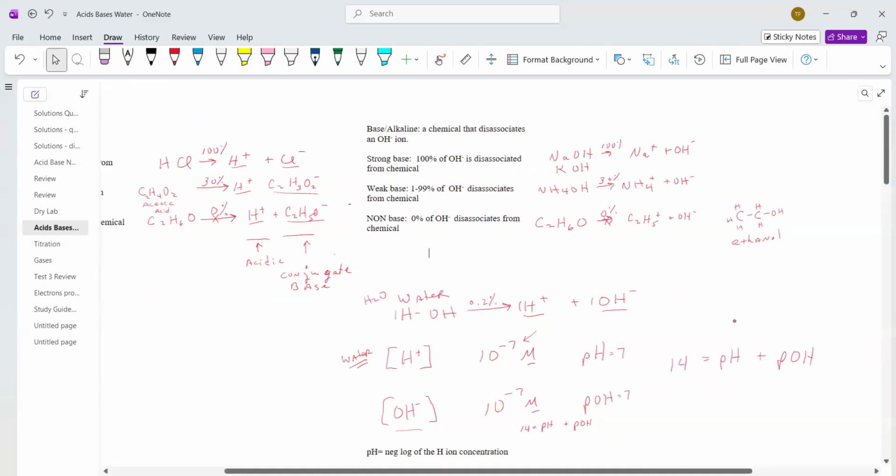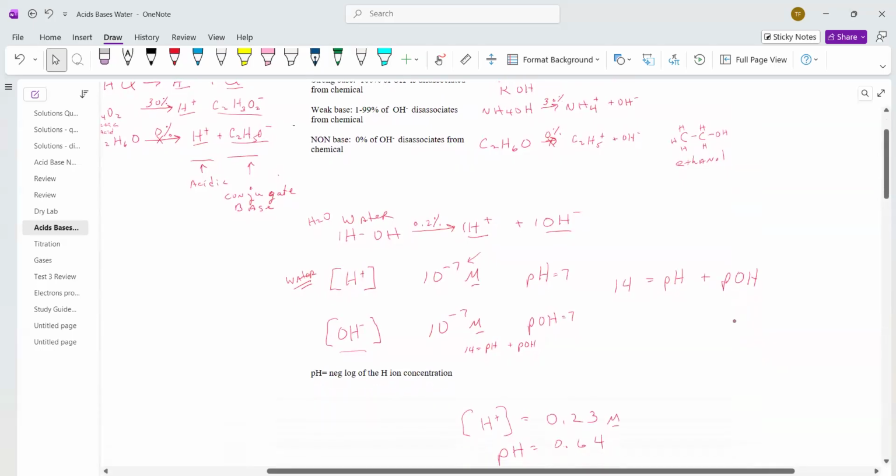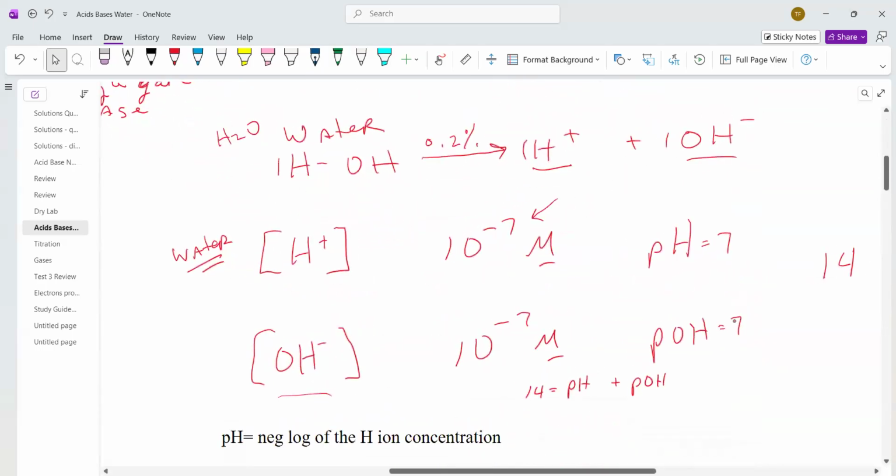Now, what's interesting, what if a molecule has an H and an OH in it? Like water. Water is both an acid and a base because it dissociates H plus and it dissociates OH minus.